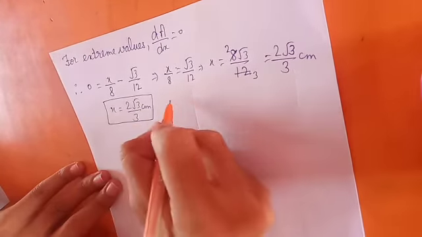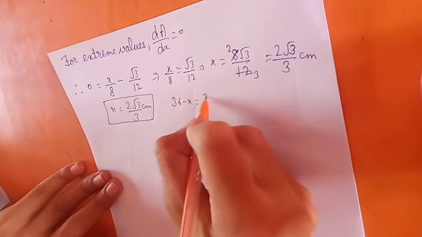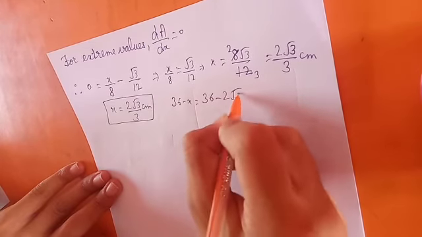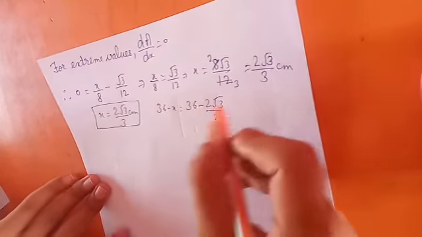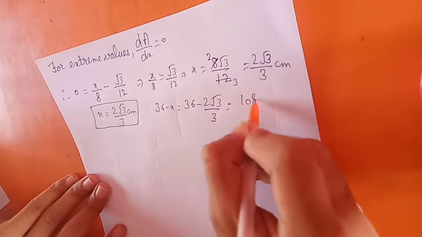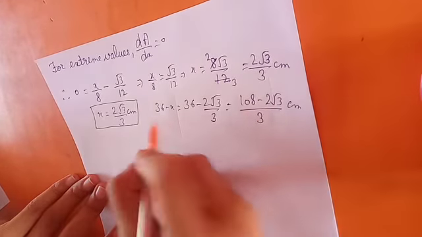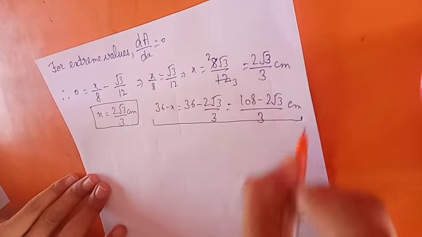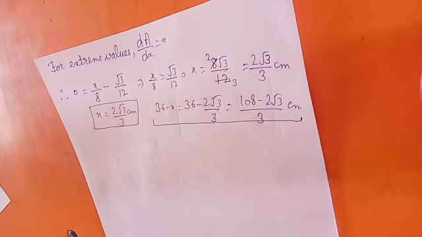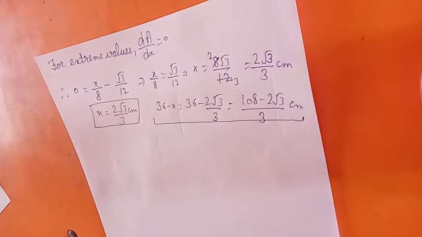So now 36 minus x is equal to 36 minus 2 root 3 by 3, that is (108 minus 2 root 3) by 3 centimeters. Now we have found the values of x and 36 minus x.